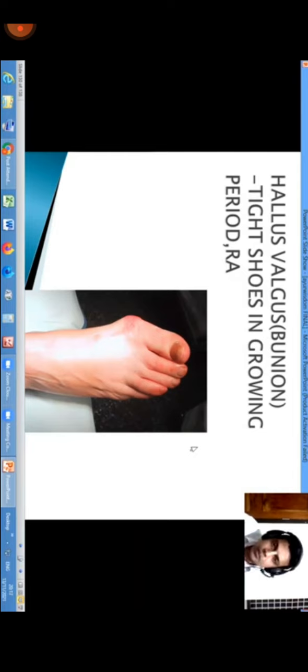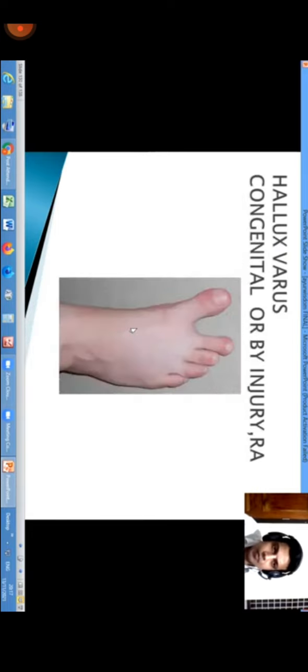You can reduce the pain if there are such symptoms. You can reduce the pain and inflammation related to this joint by our medicines. And hallux varus, it is congenital or by injury, or rheumatoid arthritis may cause hallux varus.